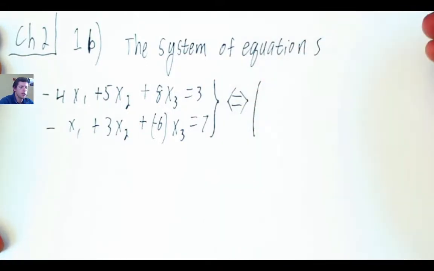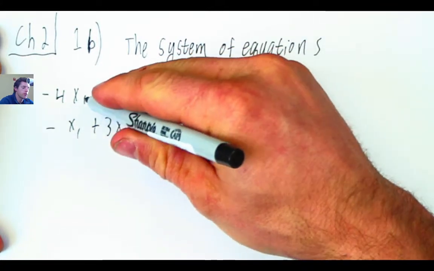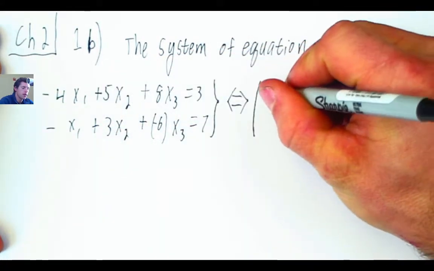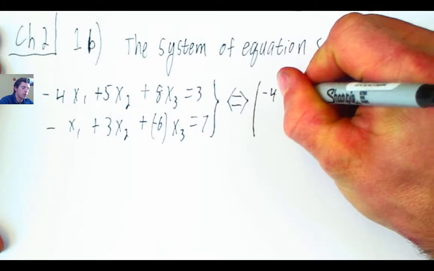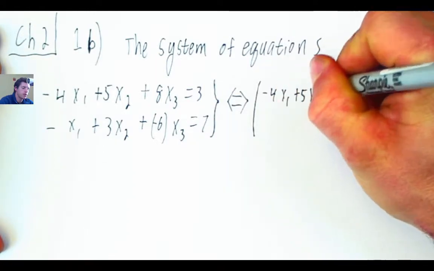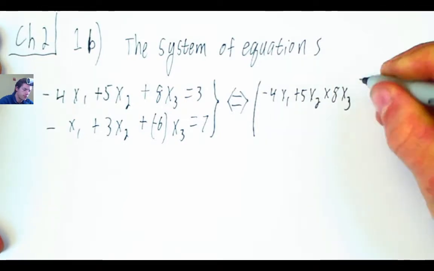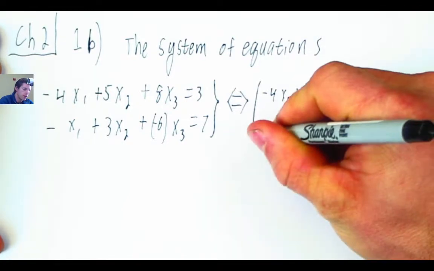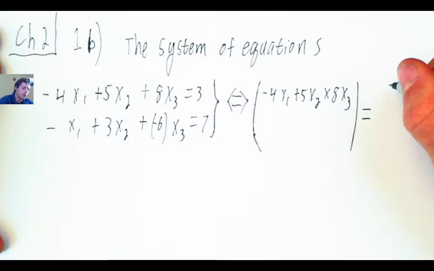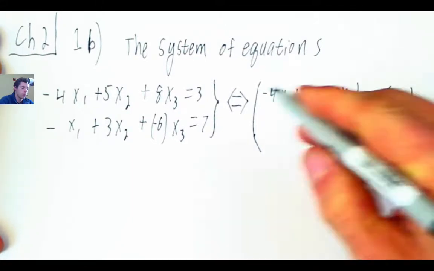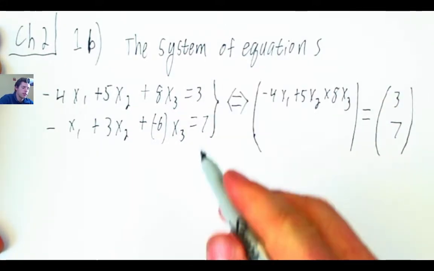And now I'm going to have a 2 vector whose first component is this stuff. Let's see. Negative 4x1 plus 5x2 plus 8x3. So that's just going to be the first component of what's here. I'm going to have a single equal sign, and the first component of the thing on the right side of the equal sign is going to be 3, and then the second component is going to be 7 to go with that.